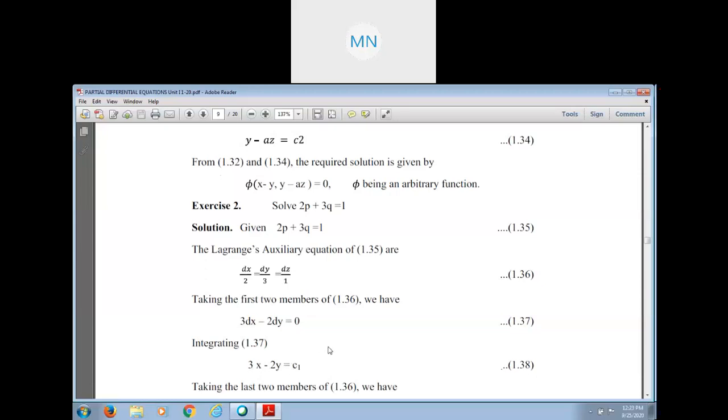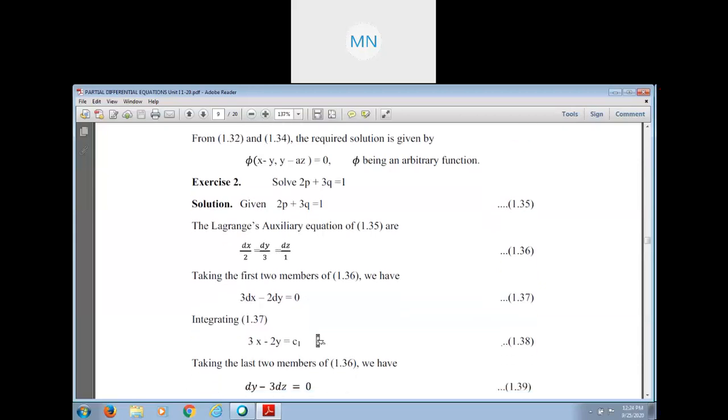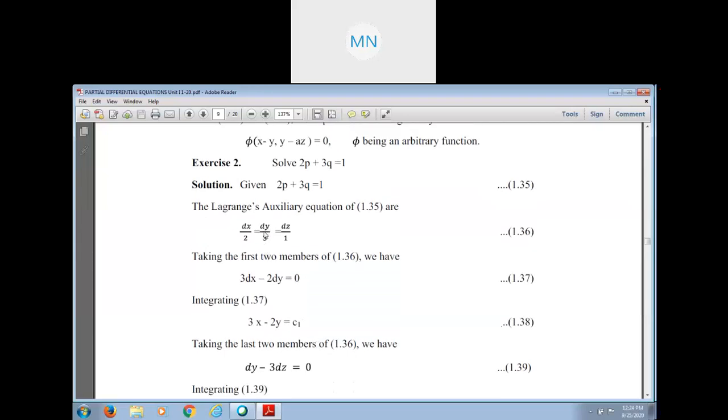Understand? First take the first two terms, after that take the last two terms, second and third. If we consider the second and third, then we get dy minus 3dz equals 0, by cross multiplying.